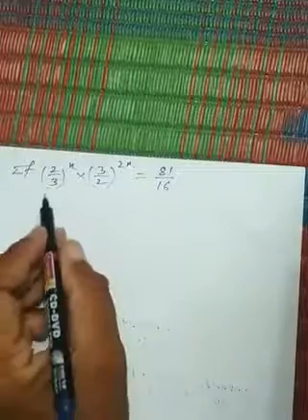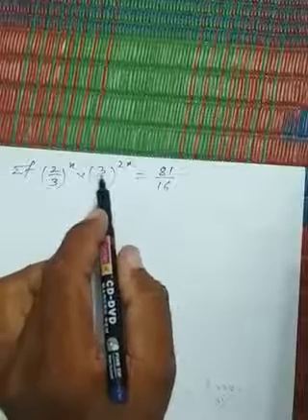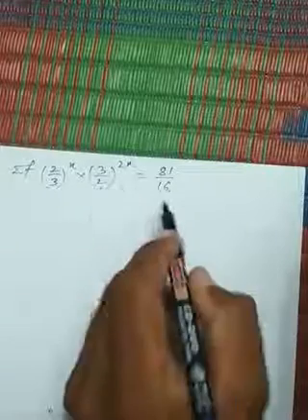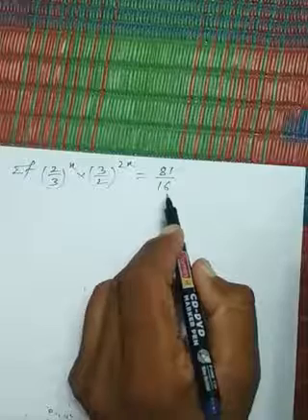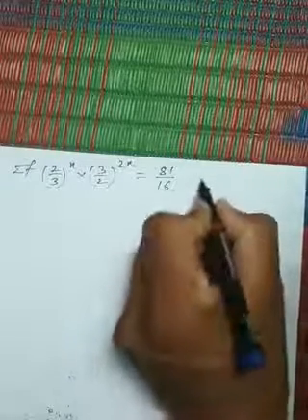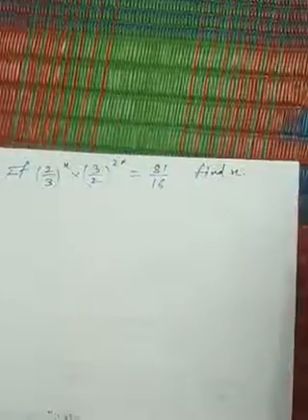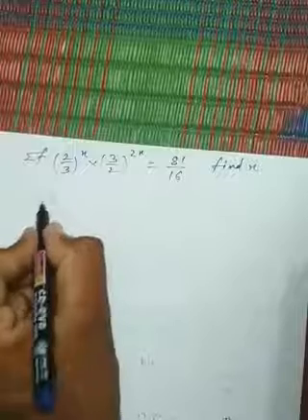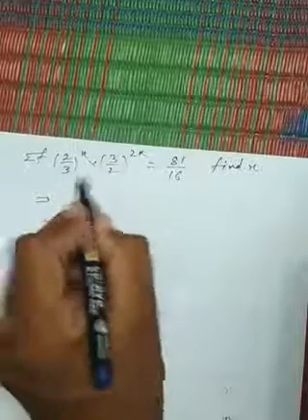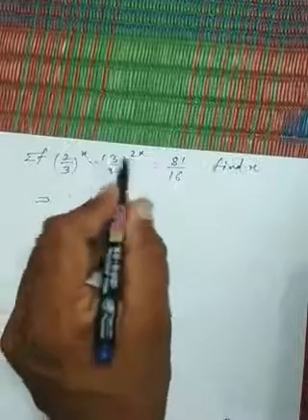Our next question is 2 by 3 to the power x multiplied by 3 by 2 to the power 2x is equivalent to 81 by 16, and find the value of x. So first make the same base. Here 2 by 3 and 3 by 2. So we should make the same numbers.